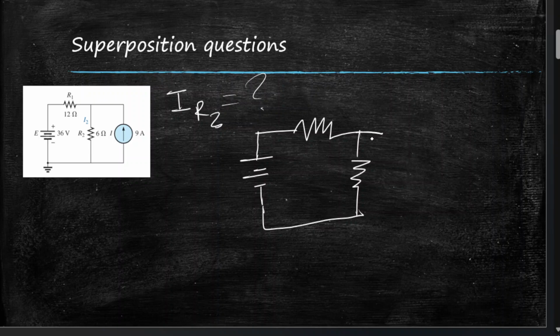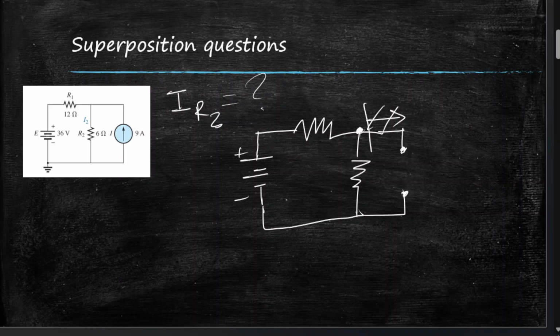So removing the current source means we will replace it with an open circuit, two disconnected terminals here. Now what an open circuit means is that there is no current flow beyond this point. These lines are just to show there's no current flow.